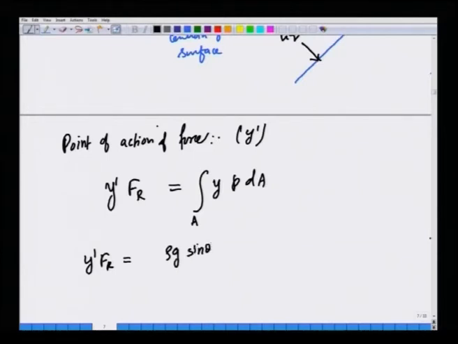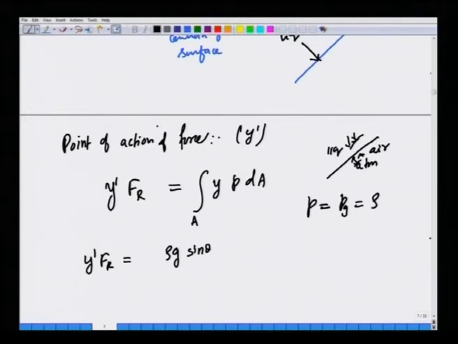Now, if on one side you have liquid and on the other side you have atmospheric air, then you need not worry about the atmospheric pressure. P is simply written as the gauge pressure, because the contribution due to atmospheric pressure on this side and this side will cancel. So, we can neglect the atmospheric pressure and write only the gauge pressure.